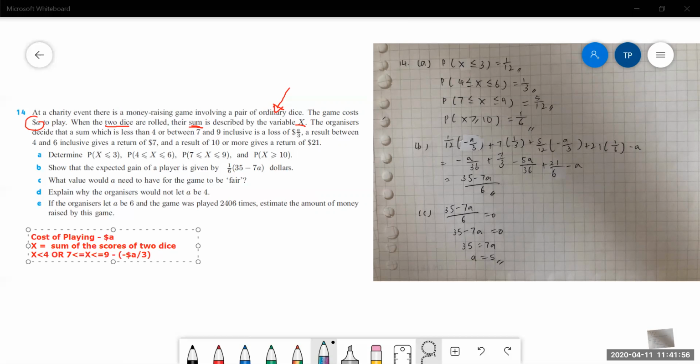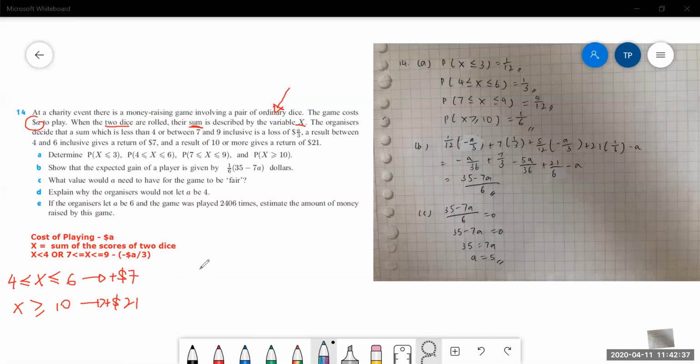Okay. If X is between 4 and 6, it will give you plus 7. A result of 10 and more will give you $21. So determine X less than 3.